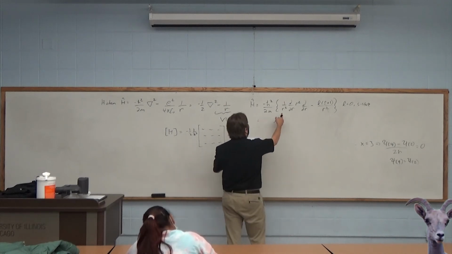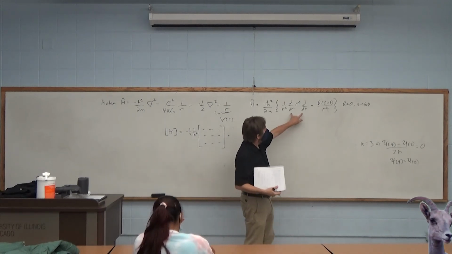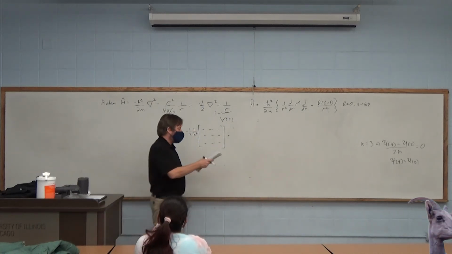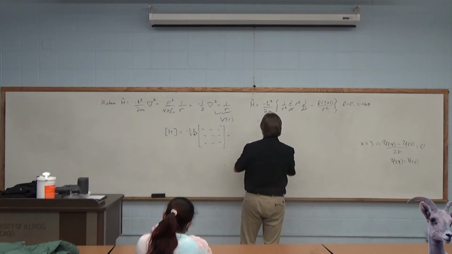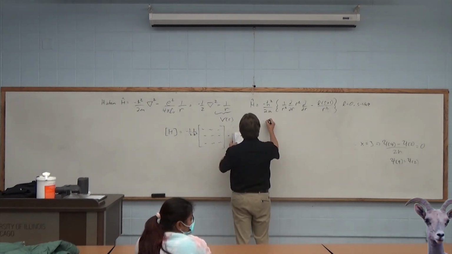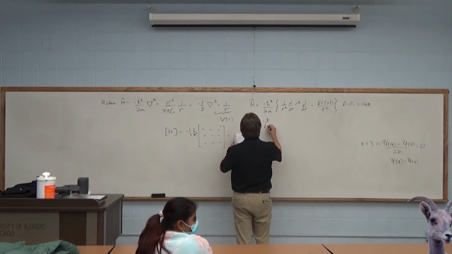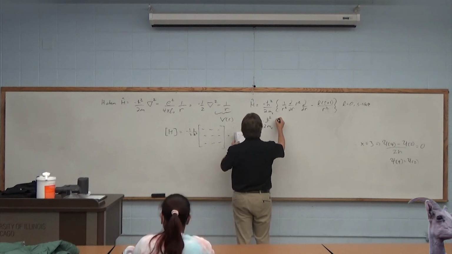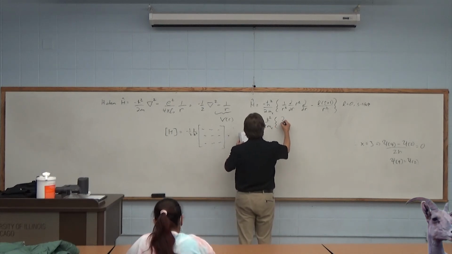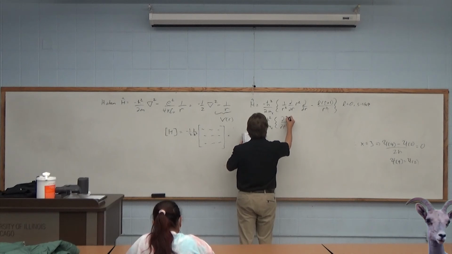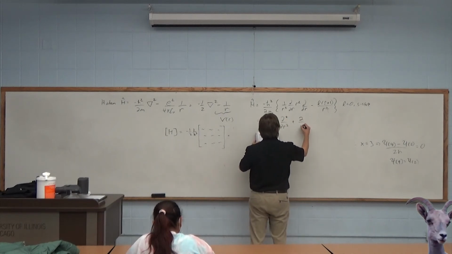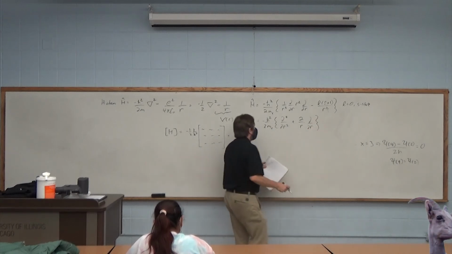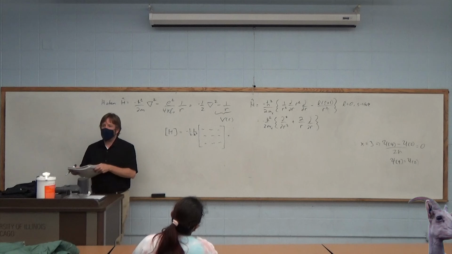The first thing to note is we talked about how to do derivatives, but what do we do with this stuff? Here's what you do. You convert it into, note that this is just minus a half. You do a product rule expansion, and it turns into this.